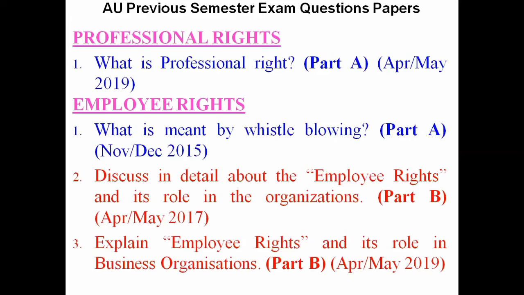Part B questions are, question number 2, discuss in detail about the employee rights and its role in the organizations. Question number 3, explain employee rights and its role in business organizations. So please find the answer for these questions. You can see the textbook or my slides and get the answer.